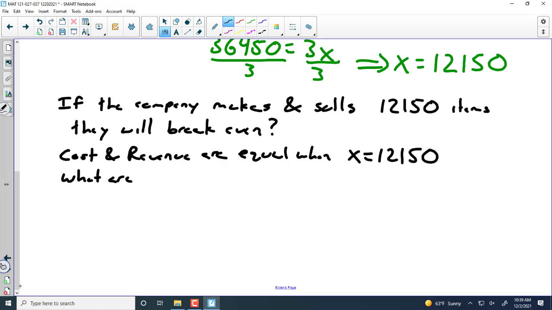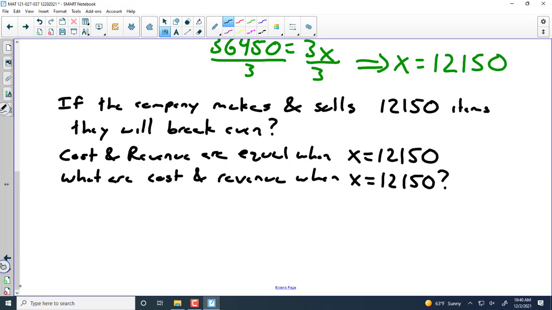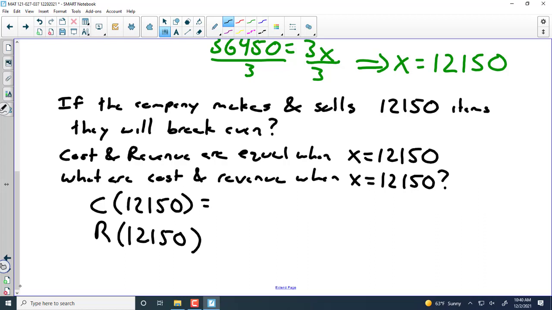What are cost and revenue when x equals 12,150? Well, if you want to know what the cost and the revenue are, you have to take that number and plug it back into either one of the equations. They should give you the same answer, but for the purposes of this story problem, we will check it in both.